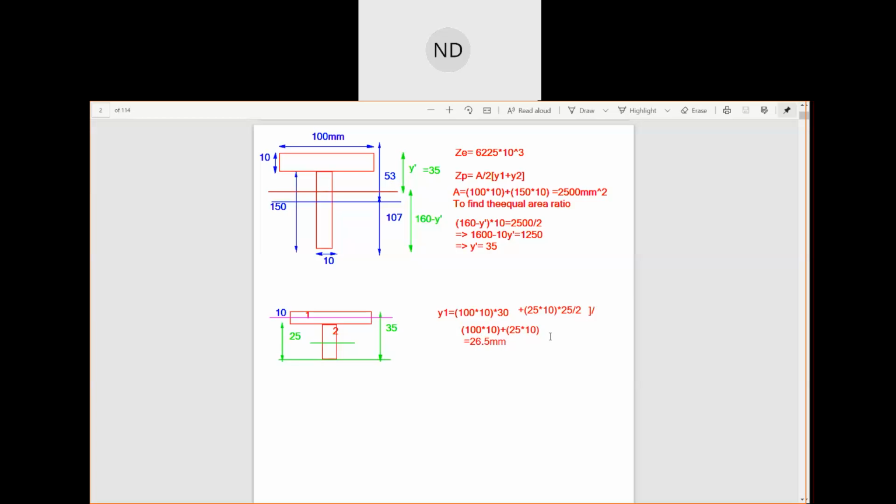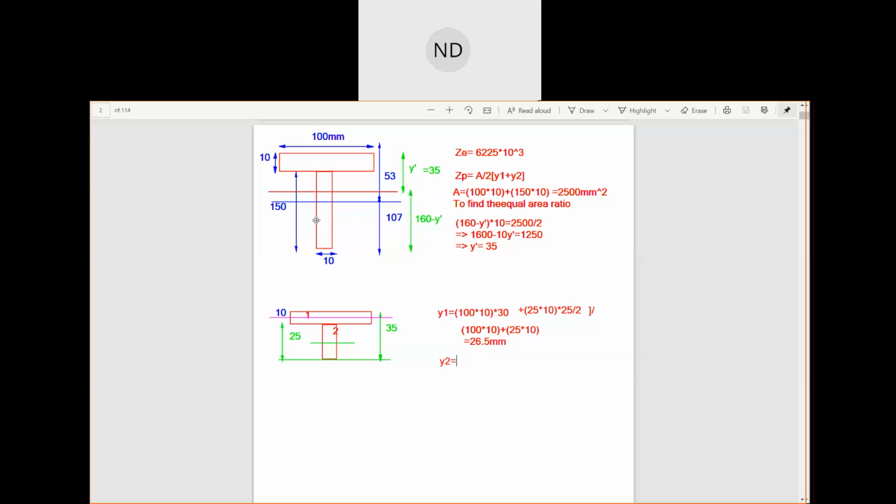Okay. So similarly we have calculated y1. Now we can calculate our y2. How much is y2? Y2 is this portion below the equal area axis.